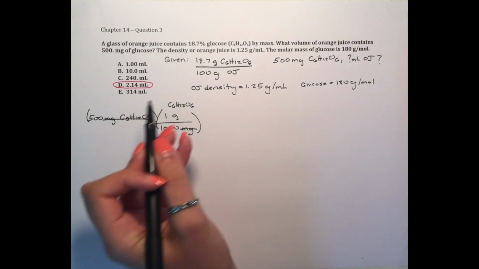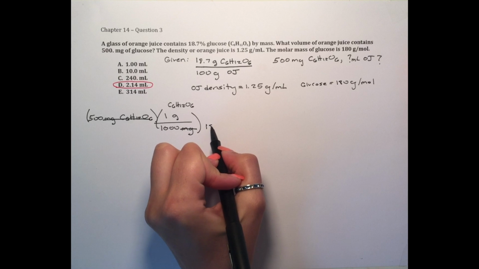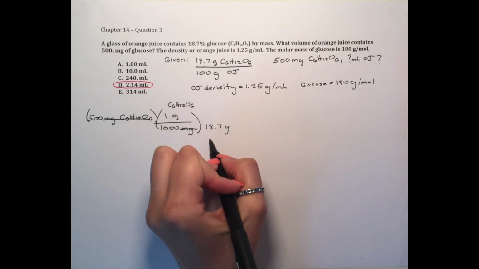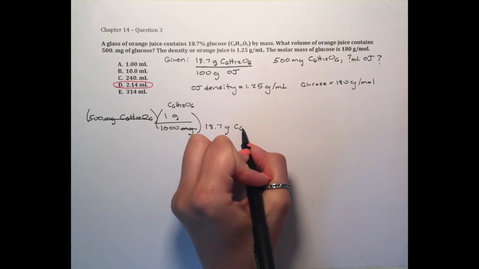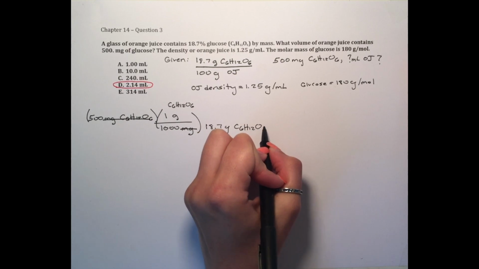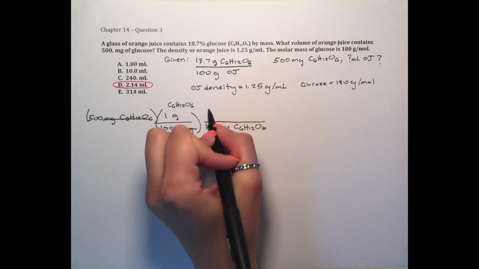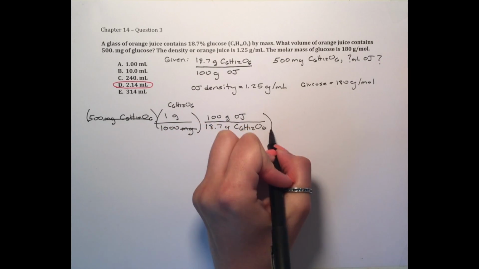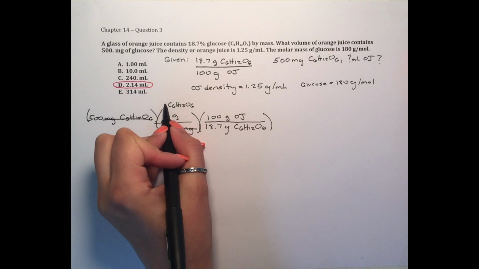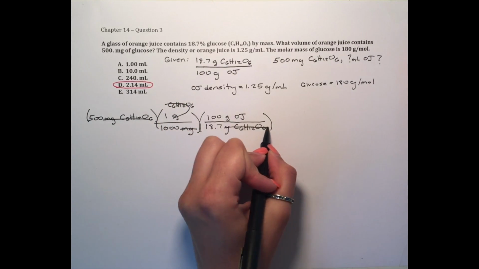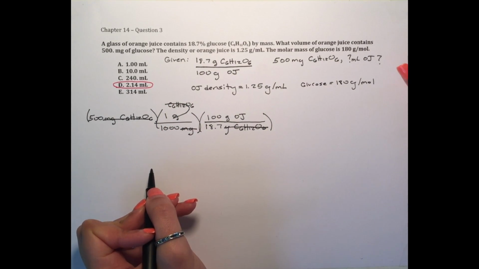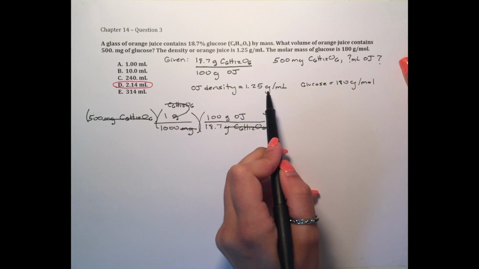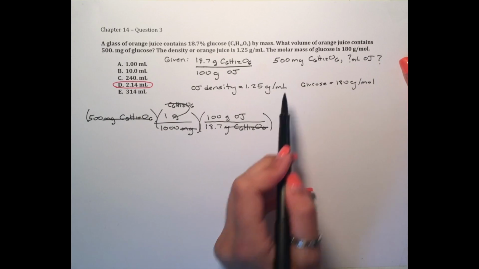So let's use that and see if that takes us anywhere. Let's cancel out our grams of glucose. And we know that for 1.25 grams of orange juice, we have 1 milliliter of orange juice.